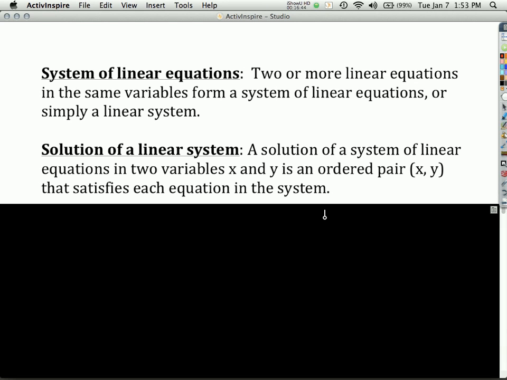Again, a solution of a system is an ordered pair that satisfies each equation in the system. Now, a system can have more than two equations, but you'll get to that when you get into Algebra 2. This year, you only have to know how to deal with a system that has two equations.